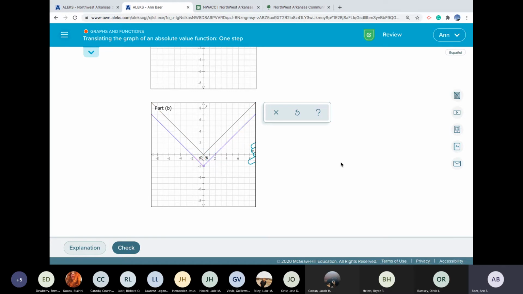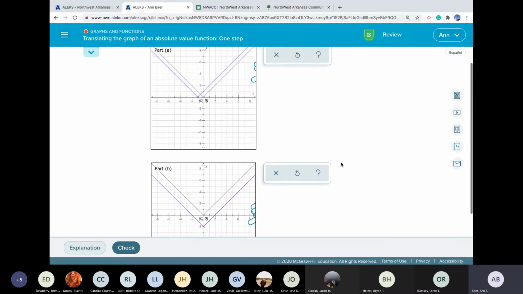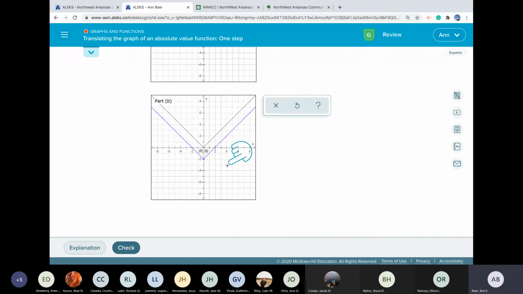Let me make sure I get it down 2 units. Now there we go. Now I would encourage you even to check this one. Double checking is important. In this case, the x coordinate is 0 and the y coordinate is -2, so you might want to check that ordered pair.